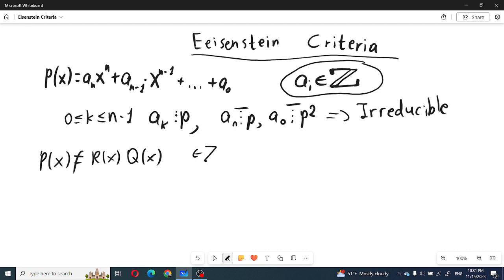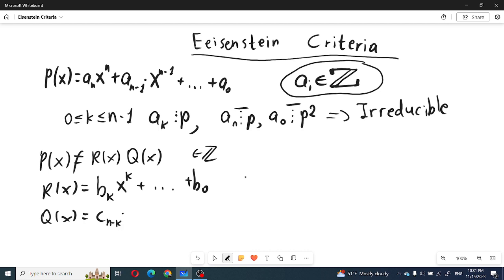Their coefficients must also be from Z. Now let's imagine the contradiction of this: there may exist r(x) with coefficients b_k x^k, all the way up to b_0, and q(x) must have coefficients c_{n-k} x^{n-k}, all the way up to c_0. Here b_i must be in Z, and also c_j will be in Z.